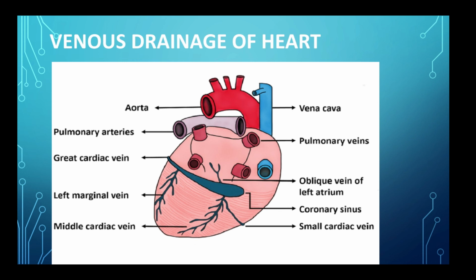Those veins collect deoxygenated blood from throughout the heart and drain it into the coronary sinus, and then it drains to the right atrium.